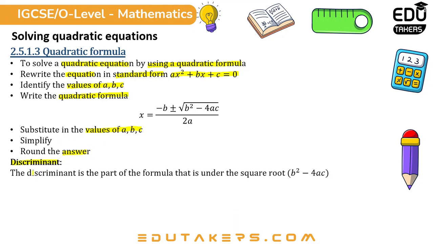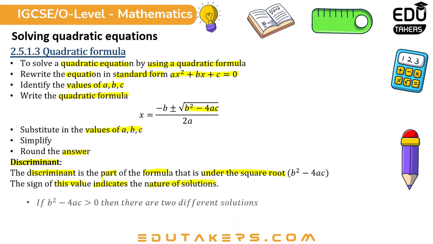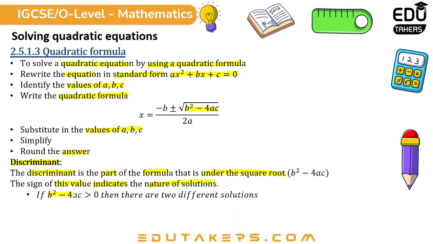Discriminant. The discriminant is the part of the formula that is under the square root, which is b² − 4ac. The sign of this value indicates the nature of the solutions. If b² − 4ac is positive, then there are two different solutions.